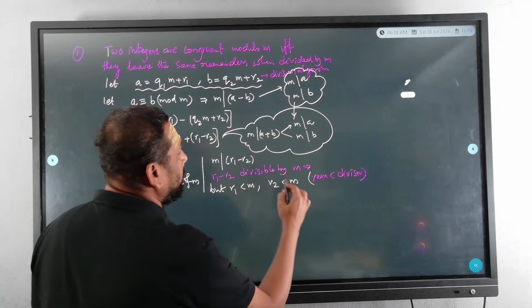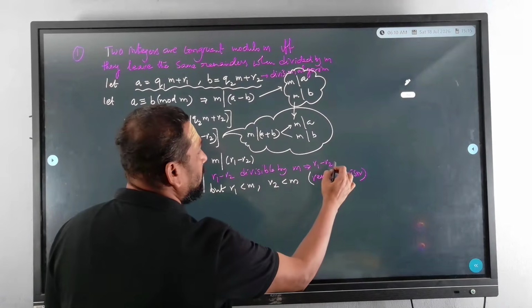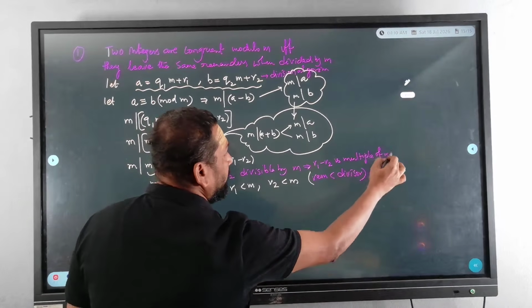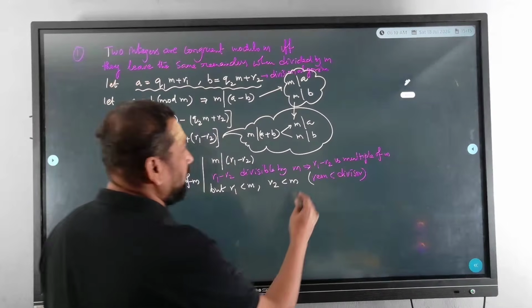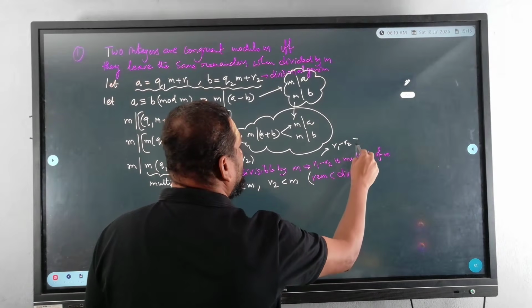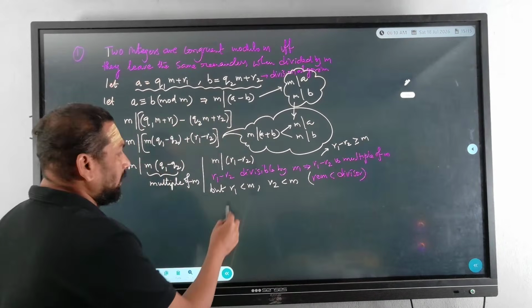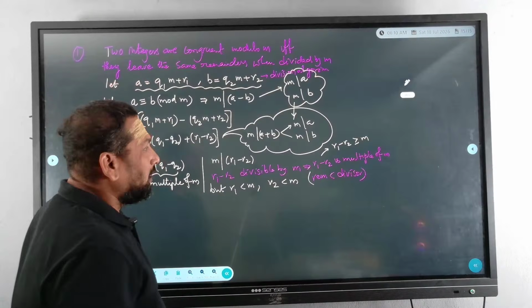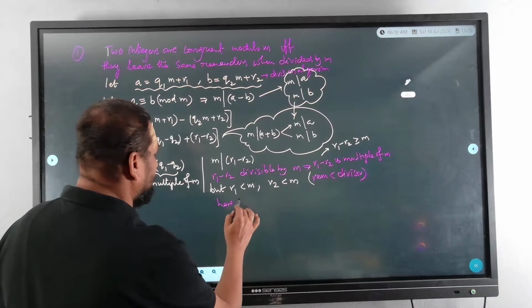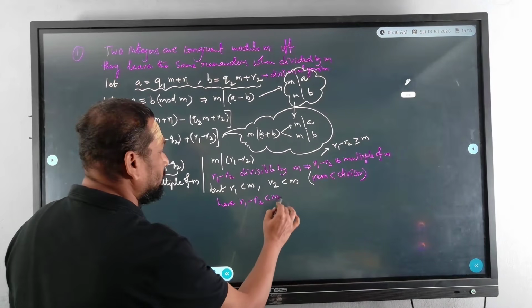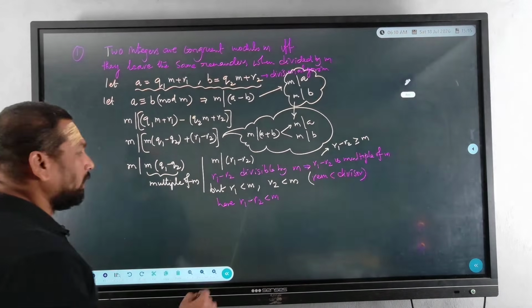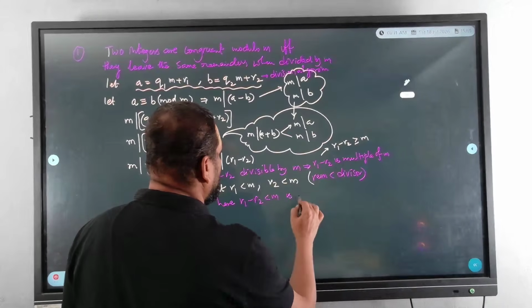R1 minus R2 is a multiple of m, so R1 minus R2 would be greater than or equal to m. But here R1 is less than m, R2 is less than m. How is it possible? R1 minus R2 less than m? No way. R1 minus R2 less than m is not true.